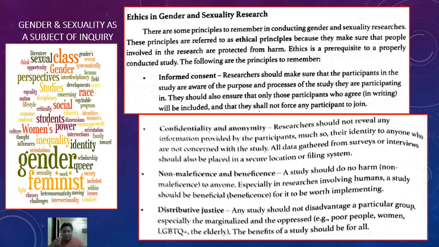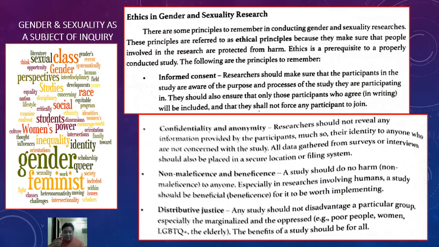The researchers should not reveal any information provided by the participants, much more their identity, to anyone who is not concerned with the study. All data gathered from surveys or interviews should also be placed in a secure location or a filing system.